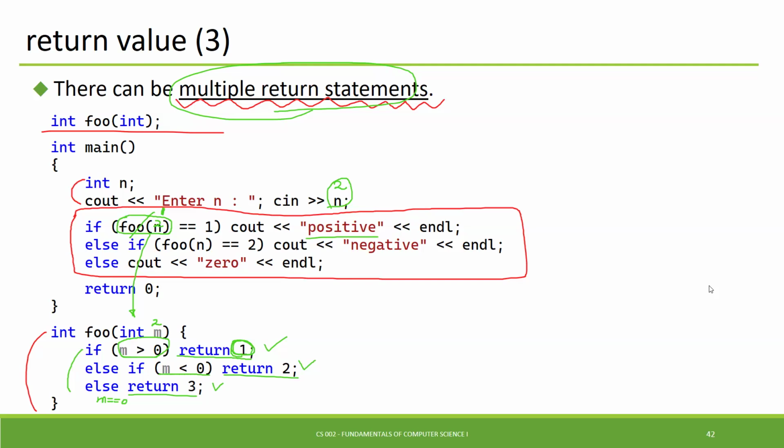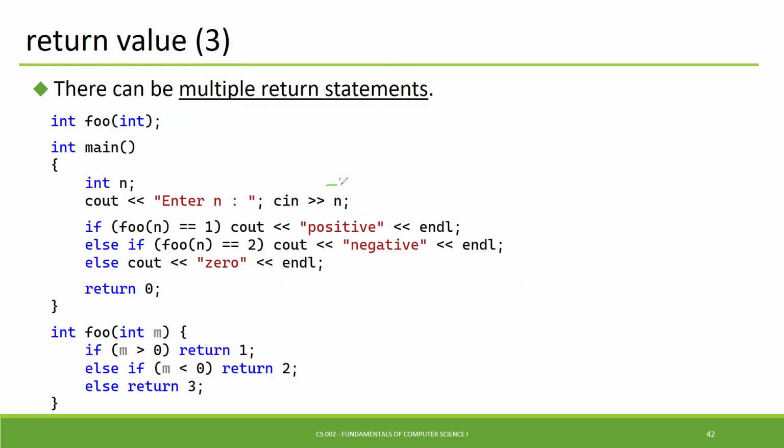If n is minus 5, then the computer will put minus 5 here, and minus 5 is this one, so return 2. So this else if is true, so negative will be printed out. So you may have multiple return statements.